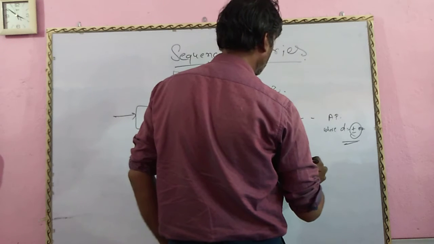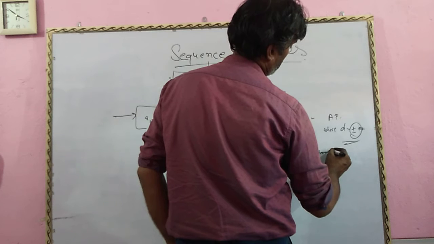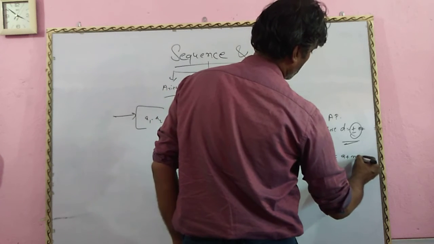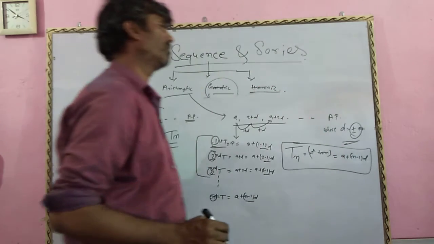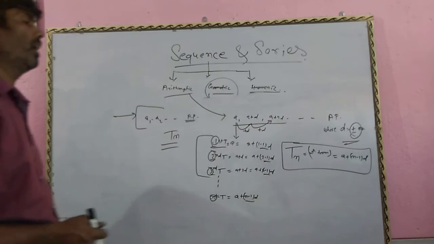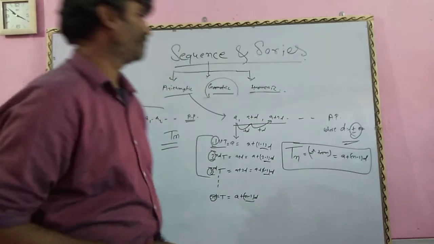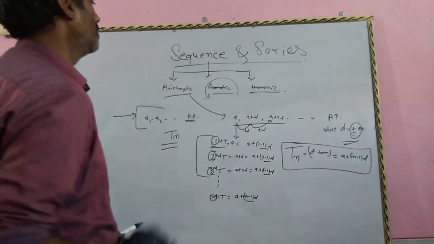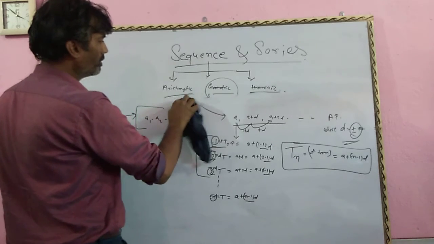The nth term, Tn, is A plus (n minus 1) into D. Okay. Fine.